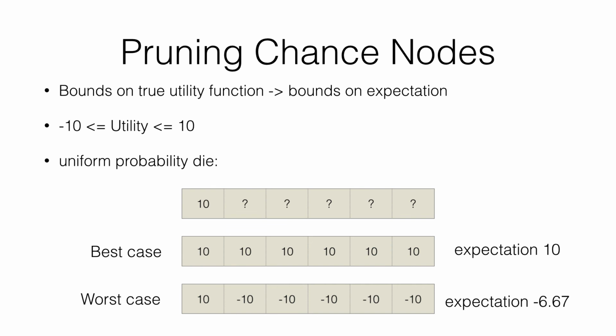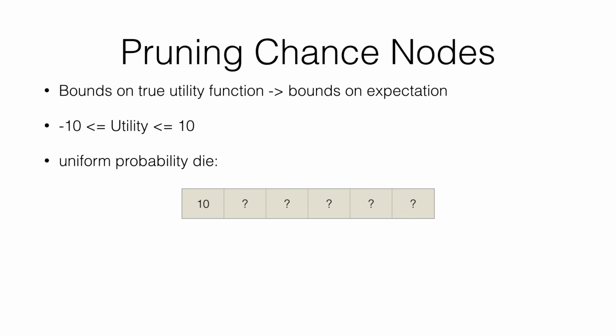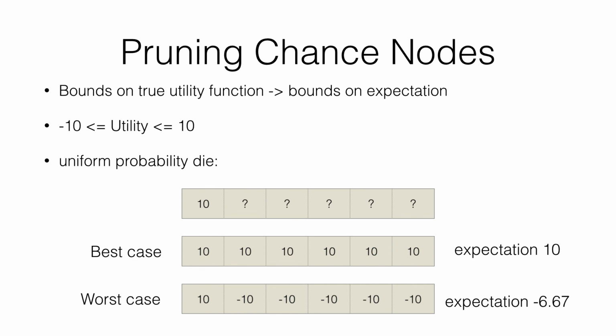And if that's the case, then our expectation is -0.667, which is really good news, because we actually have a non-vacuous bound. We can say that given just what we've observed in this first die roll, we already know that the expected value is going to be between -0.667 and 10.